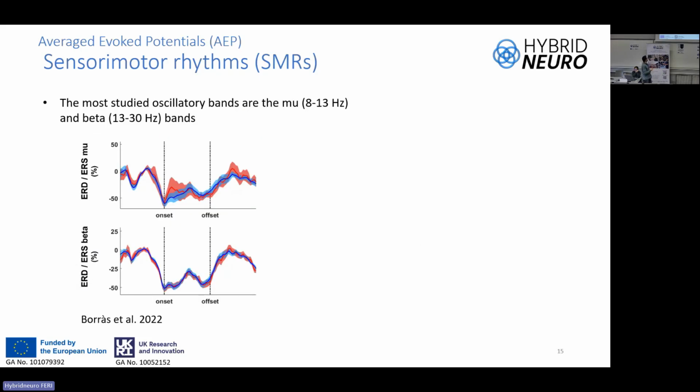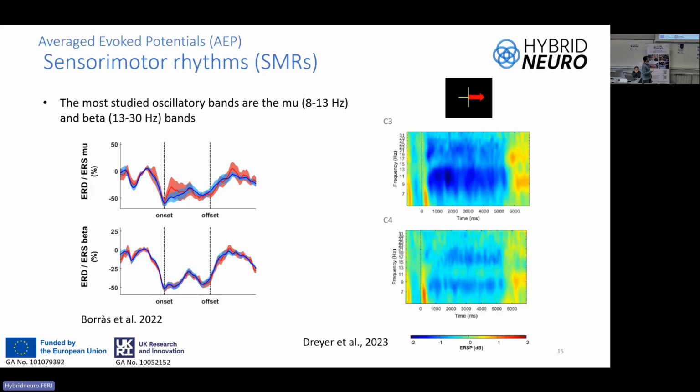In this case, this is a result from a partner in Barcelona. We are studying the desynchronization and synchronization in the mu band and also in the beta band. So we can see this desynchronization and then the synchronization in the signal.